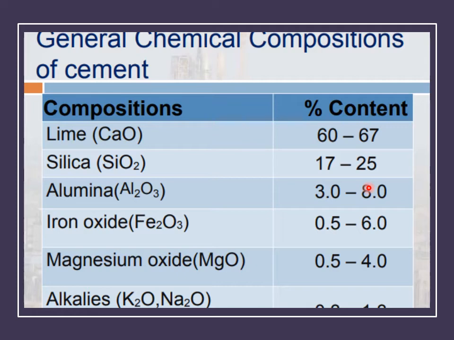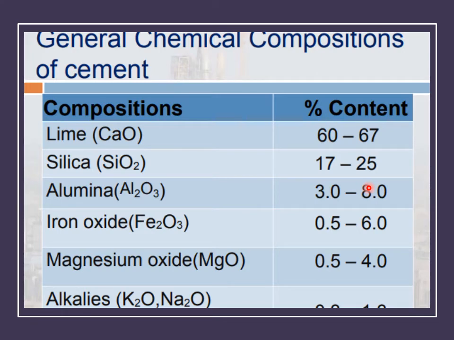Similarly for 43 grade, that is ordinary Portland cement OPC 43, the minimum compressive strength at 28 days should be 43 megapascal or 43 Newton per mm square.